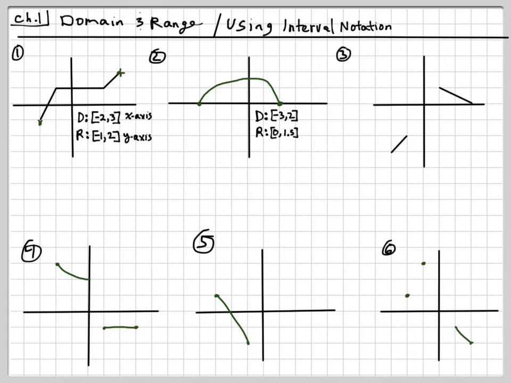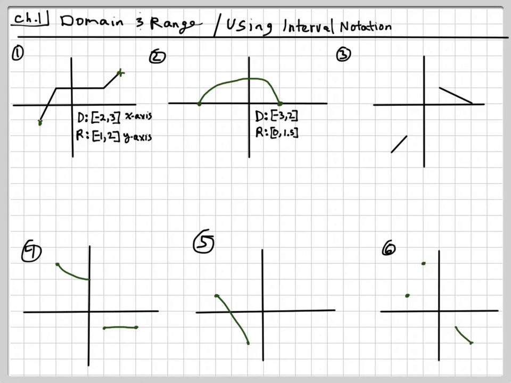Now for the range, let's take a look at the lowest y value, start there, and then go all the way to the biggest y value that we have on this graph. The lowest point that I see on this curve is y equals 0. There's nothing below the x-axis, so y equals 0 is the lowest point.